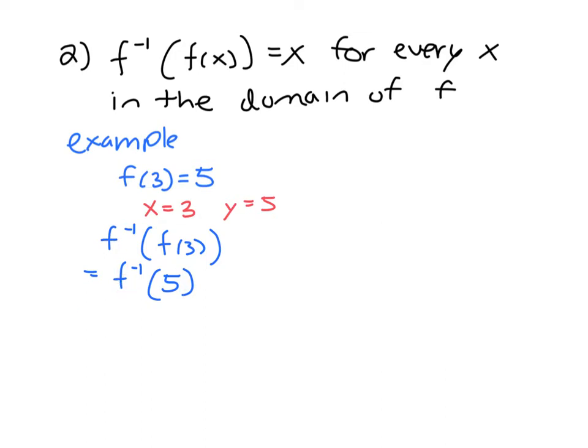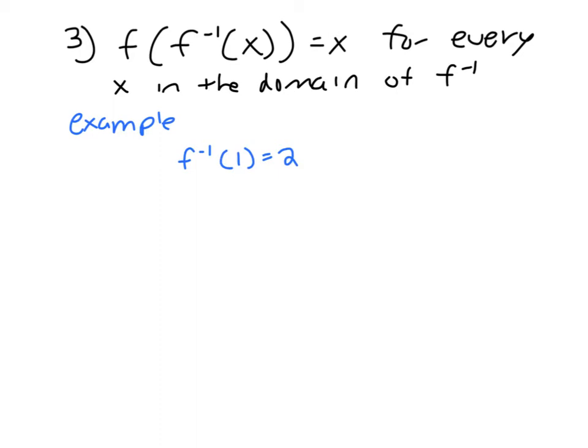So this is going to equal 3. So f inverse of f of 3 equals 3. That's exactly what this property is saying: if you take the f inverse of f of x, what you get out is x. In this case, x is equal to 3.